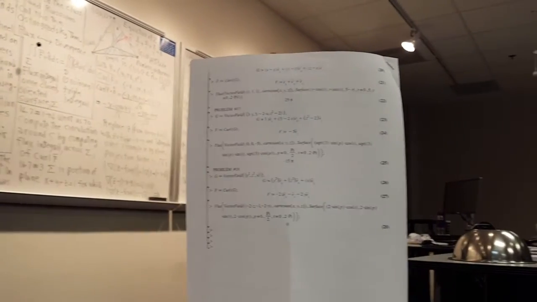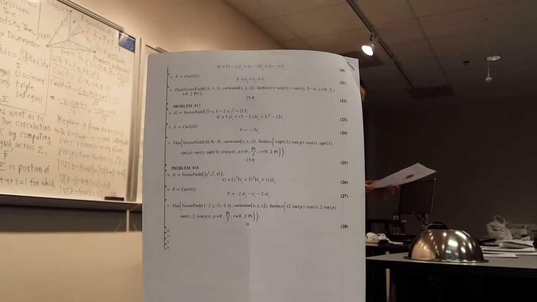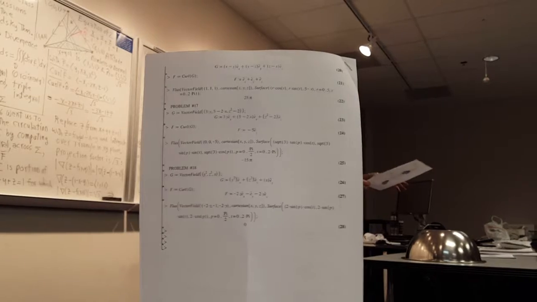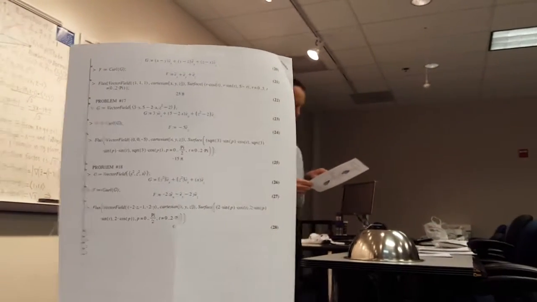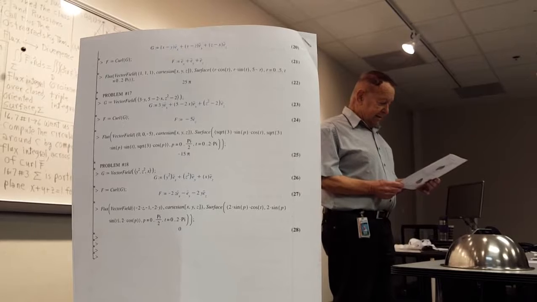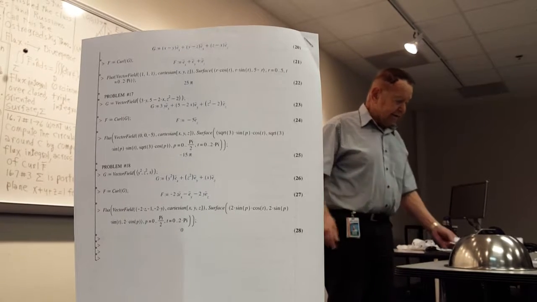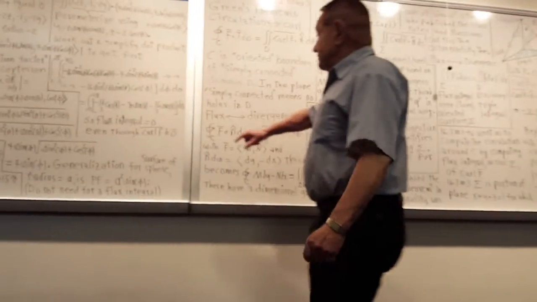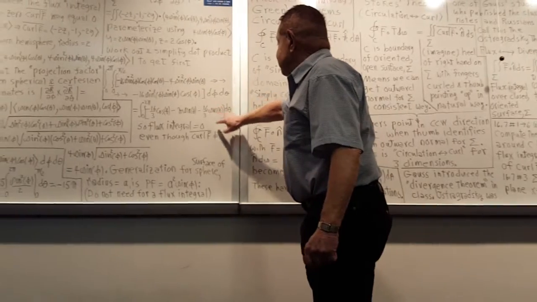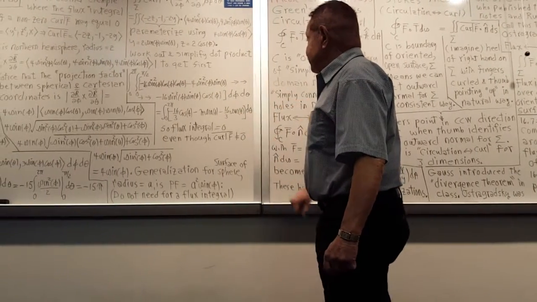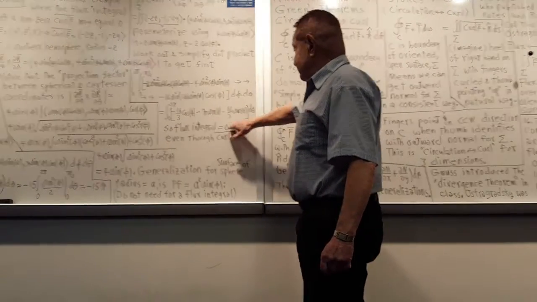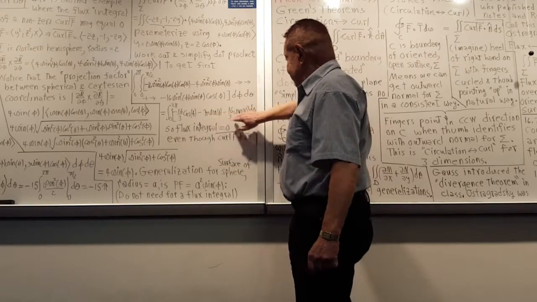And then with problem 18, I have my field, do the curl, which is line 27, and then ask for the flux, and that's line 28, and that's this, which is 0 because those integrals are.